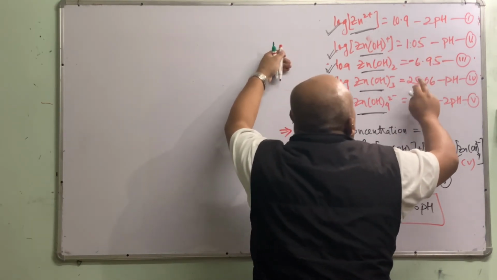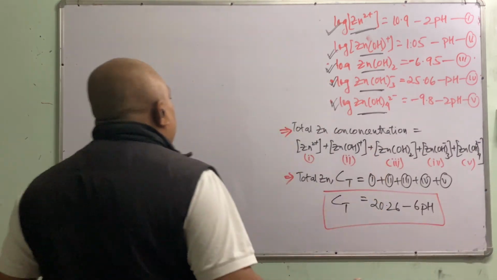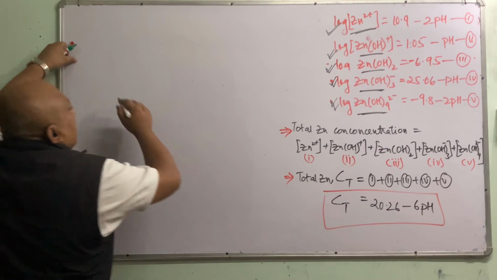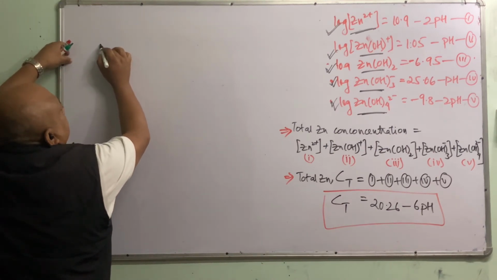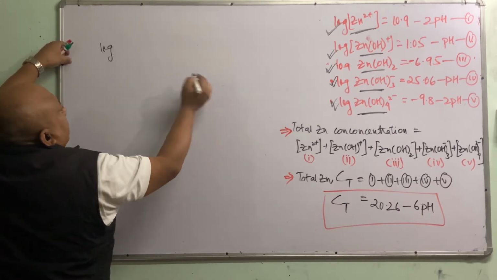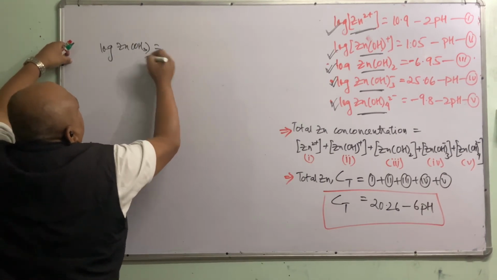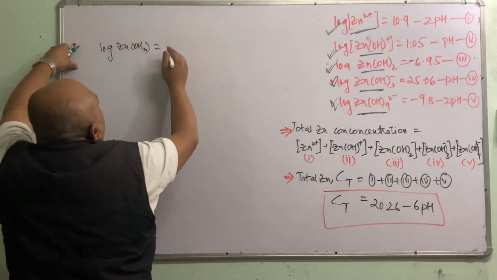I'm very sorry. Let me give it a cross check. If this is wrong, this is going to be wrong. Log of ZnOH3 minus is equal to what?